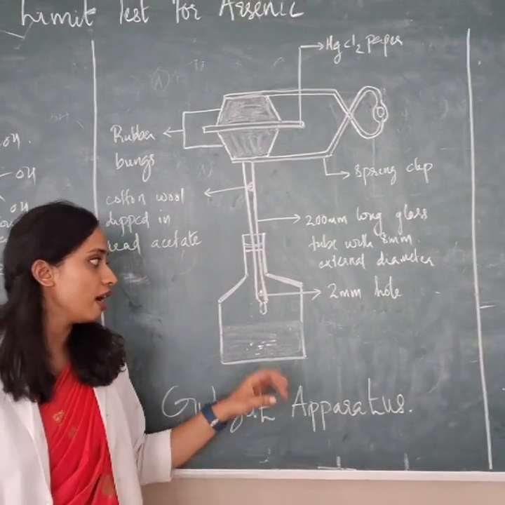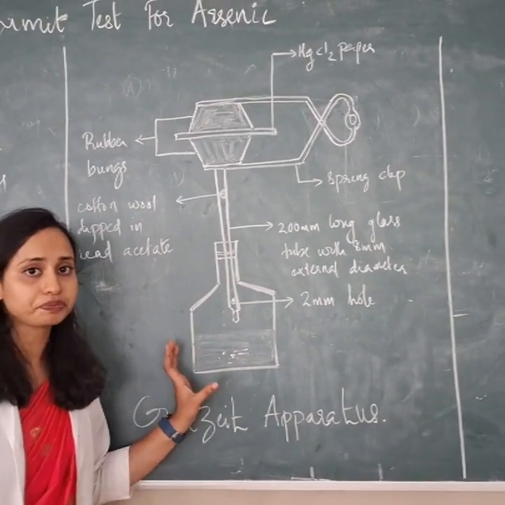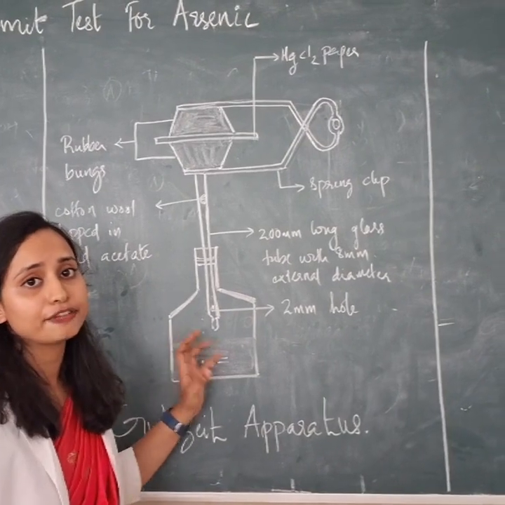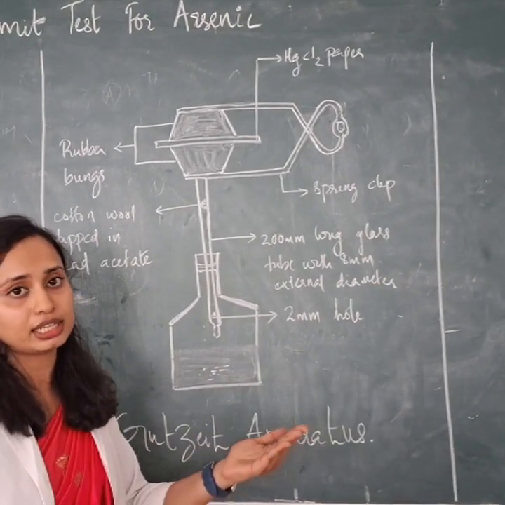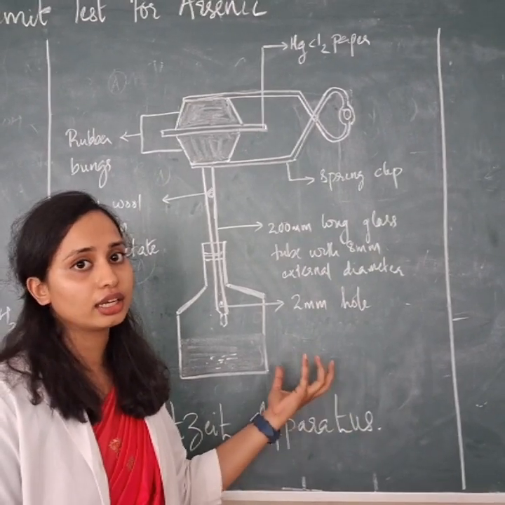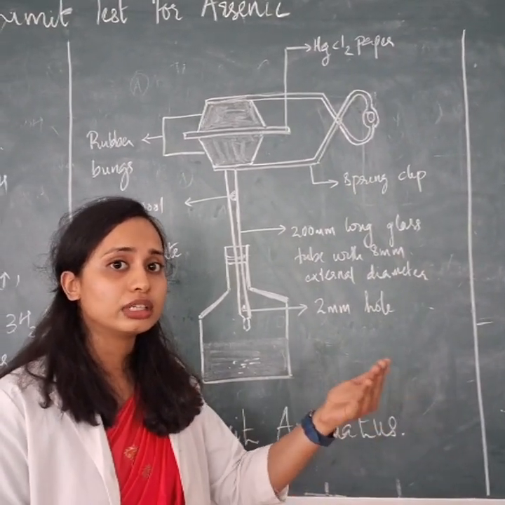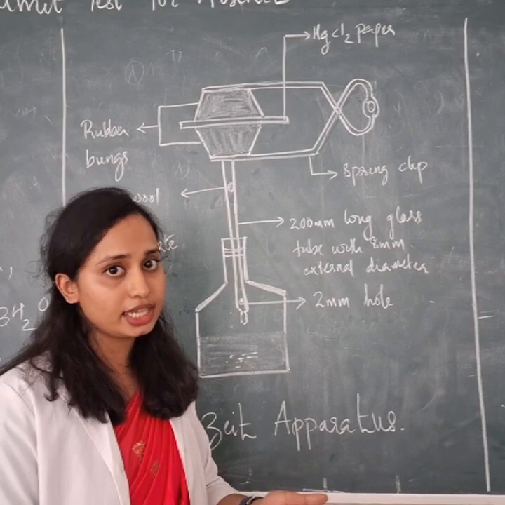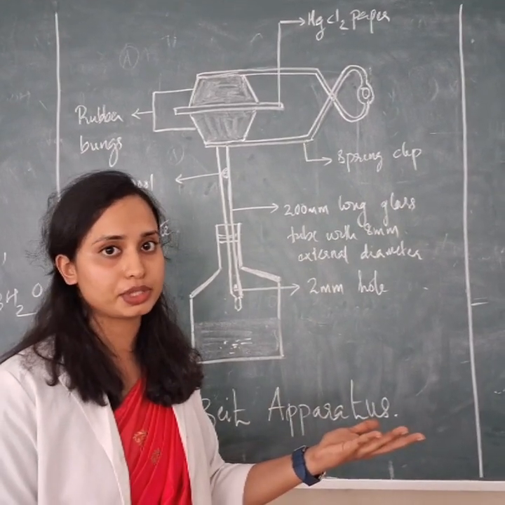In the procedure, first we are placing a solution that contains a definite quantity within the limit. That is, in the standard solution, we are placing the solution containing arsenic in the limited quantity that could be present in the pharmaceutical substances.